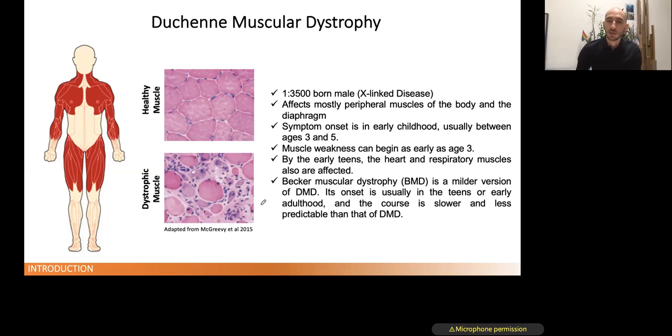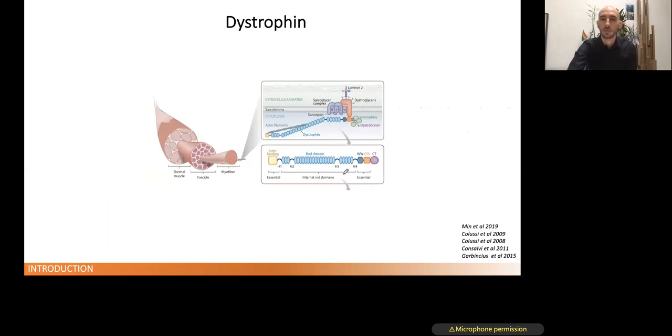There is a milder phenotype of the disease that is called Becker muscular dystrophy. Both diseases are caused by a mutation in a huge protein called dystrophin, which is located on the sarcolemma of the muscle fiber and organizes the dystroglycan complex, which has a main function to make the muscle resistant to contraction.